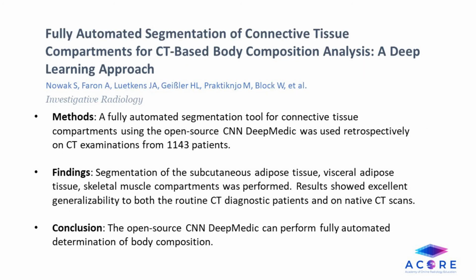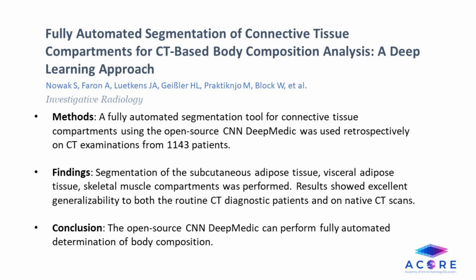This deep learning study, published in Investigative Radiology, featured a fully automated segmentation tool for connective tissue compartments using the open source convolutional neural network called DeepMedic, being used on retrospective CT examinations from 1,143 patients.